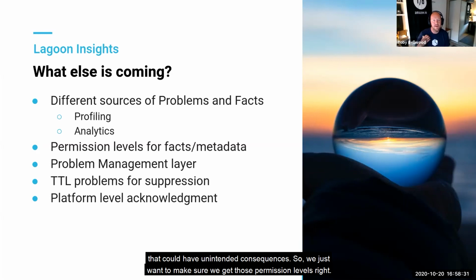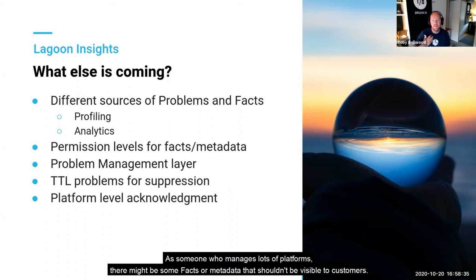So we just want to make sure we get those permission levels right. As someone who manages lots of platforms, there might be some facts or metadata that shouldn't be visible to customers.